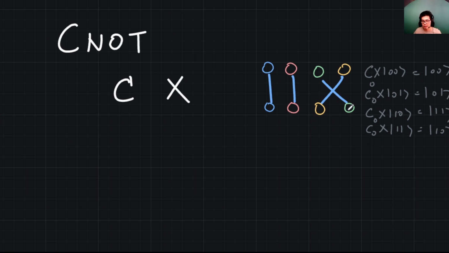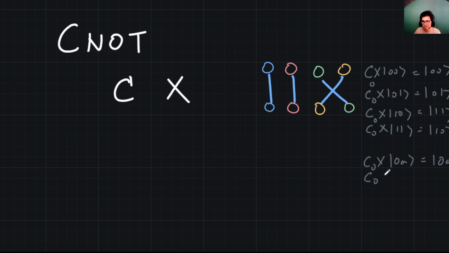Likewise, we can say this is like a branch. C naught X of 0A is equal to 0A.